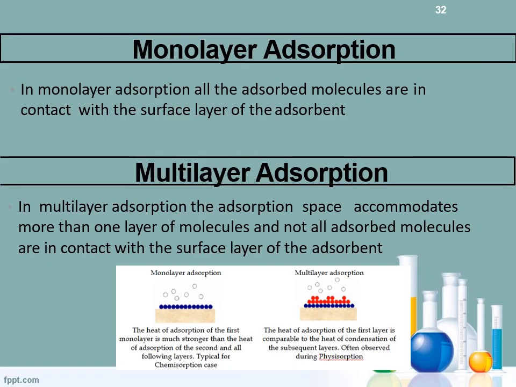In monolayer adsorption, all the adsorbed molecules are in contact with the surface layer of the adsorbent. Compared to multi-layer adsorption, the adsorption space accommodates more than one layer of molecules and not all adsorbed molecules are in contact with the surface layer of the adsorbent.